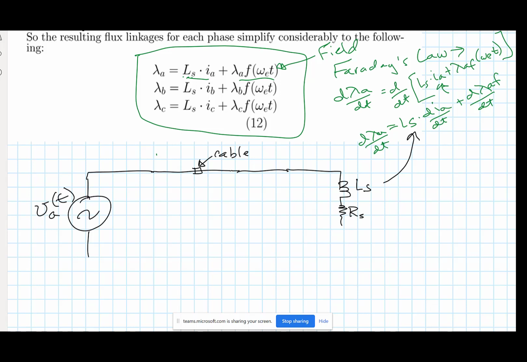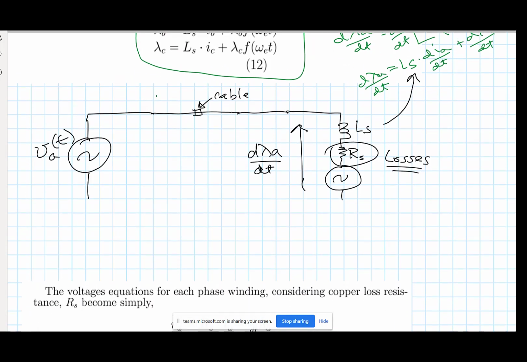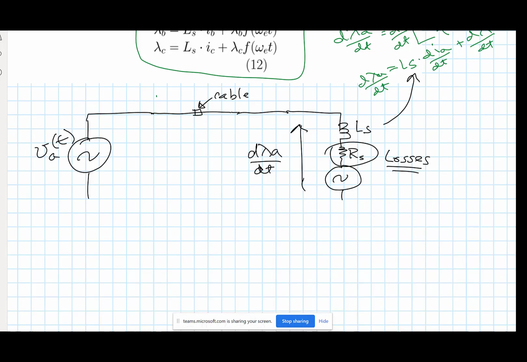So essentially, and then there's a voltage here. So this voltage right here is d lambda A dt. I just introduced one thing, and that's losses. Otherwise, it's identical to what I just showed right there. So I actually have a three-phase machine, though, because I have three windings.